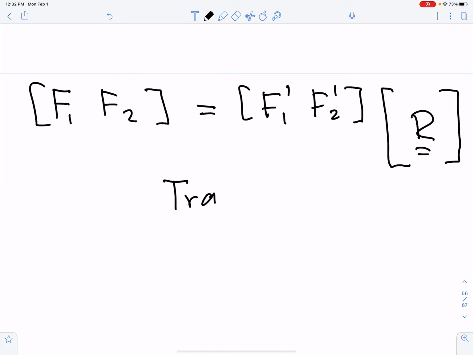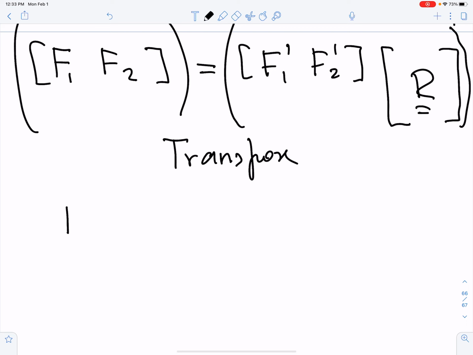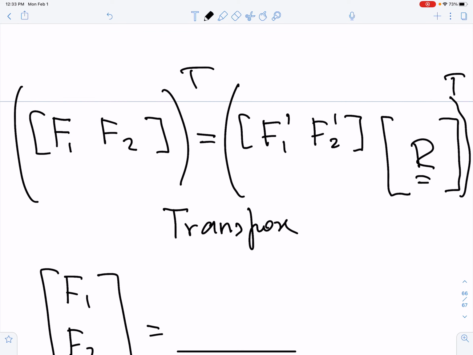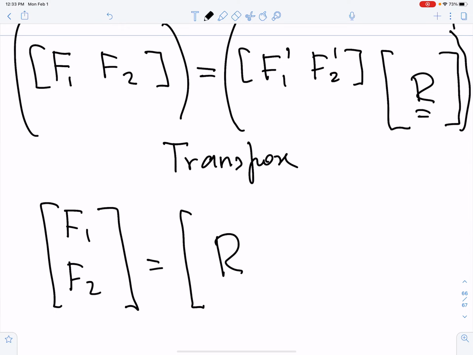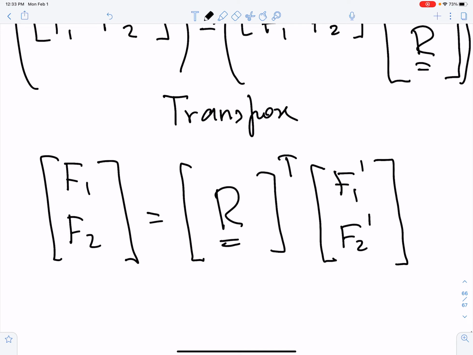I can apply transpose to this relationship. Basically, I take this, I put a transpose, I take that, I put a transpose, and then I get F1, F2 as a column vector equals to what? The transpose of a product is you reverse the order of the product and transpose each item. R transpose times F prime 1, F prime 2.